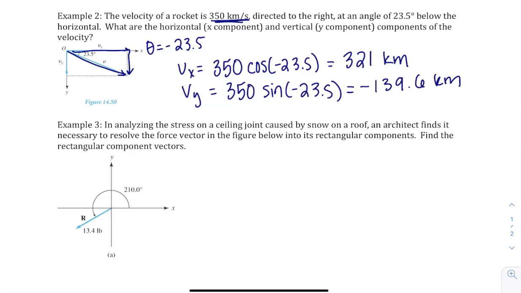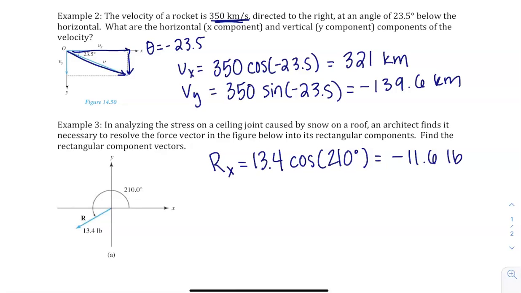That's going in that counterclockwise position, so it should be positive. And our Rx will be 13.4 times the cosine of 210 degrees. We're looking at negative 11.6 pounds, which makes sense. That's in the left direction.